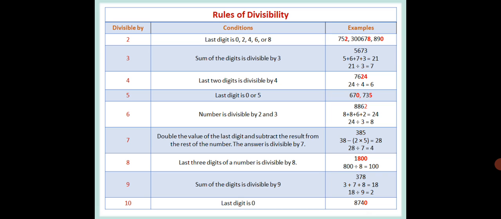Double the value of the last digit and subtract the result from the rest of the number. If the answer is divisible by 7, then the whole number will be divisible by 7.